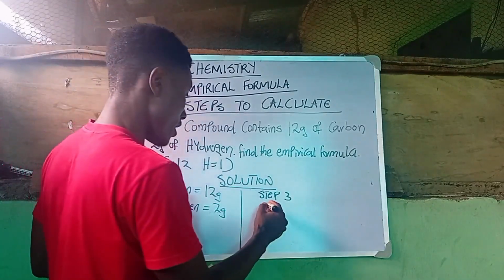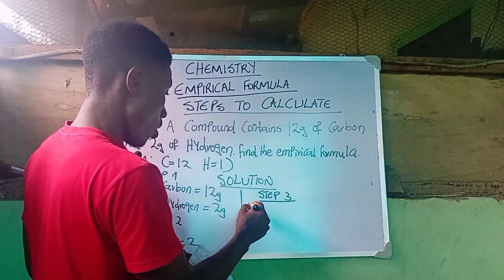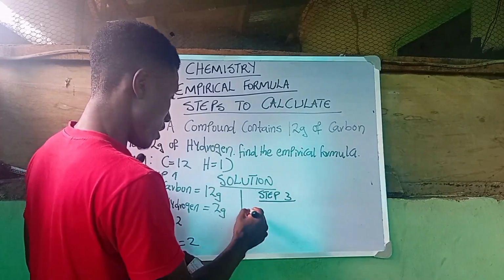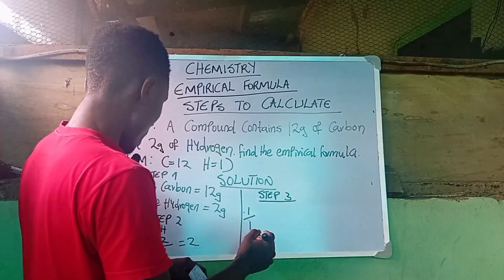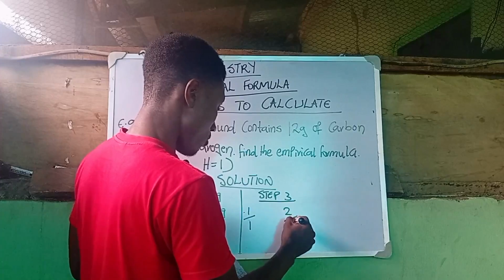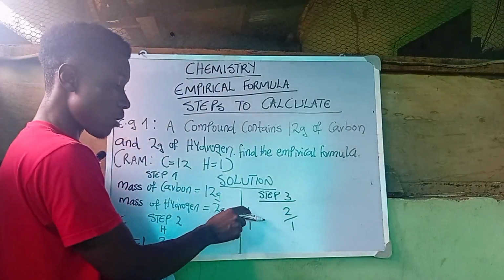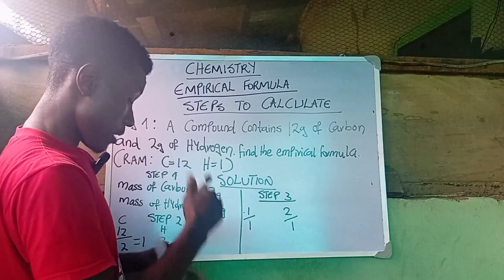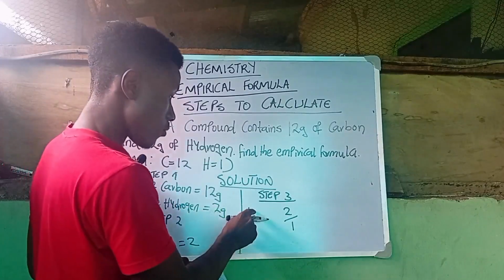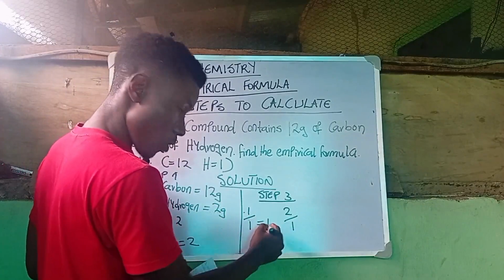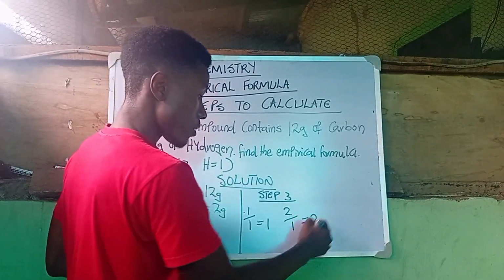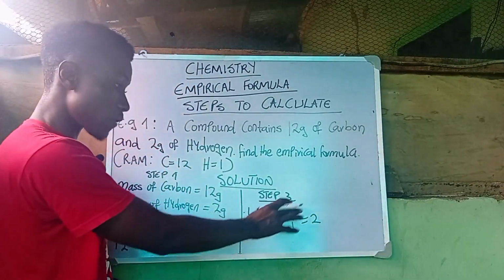So we have 1 divided by 1, and 2 divided by 1, because we are going to be using the 1 to divide each of these values. 1 divided by 1 is still 1, and 2 divided by 1 is still 2. That is our step 3.